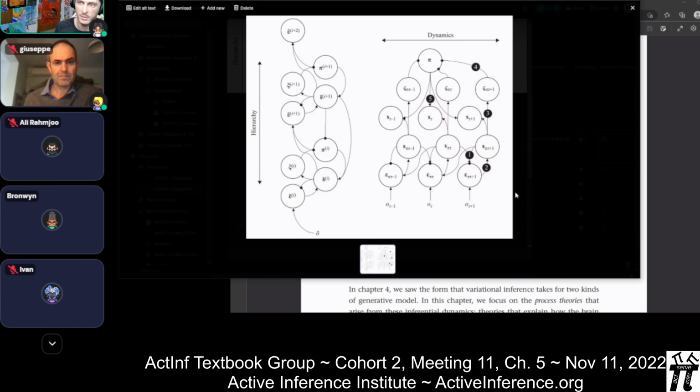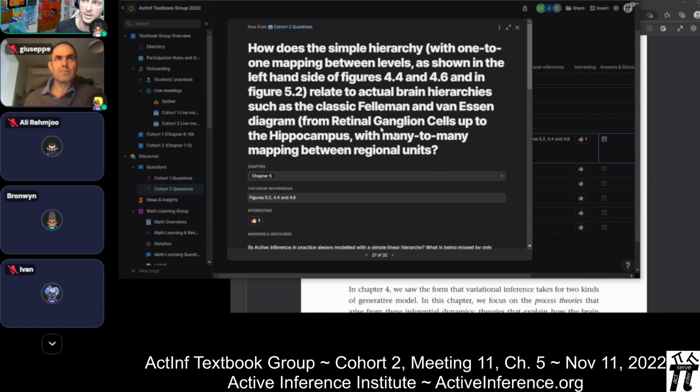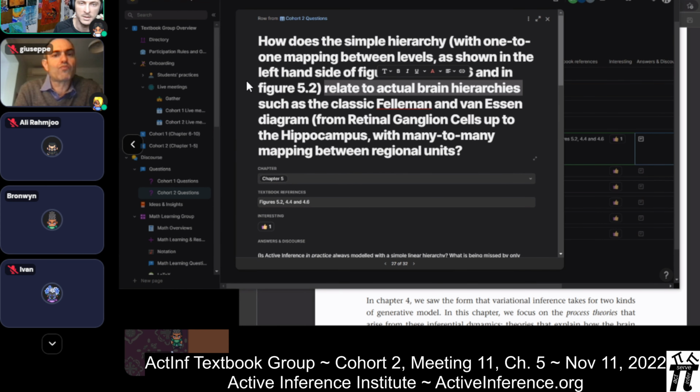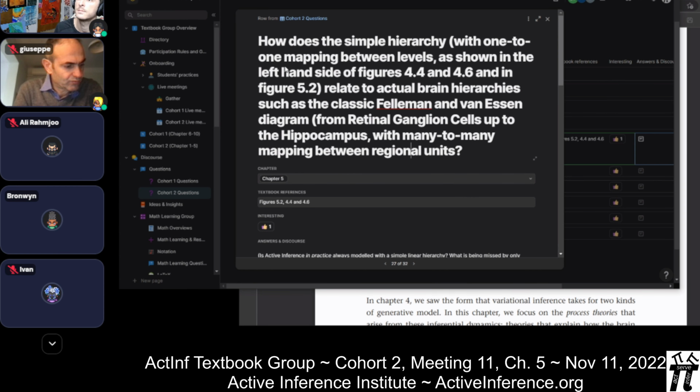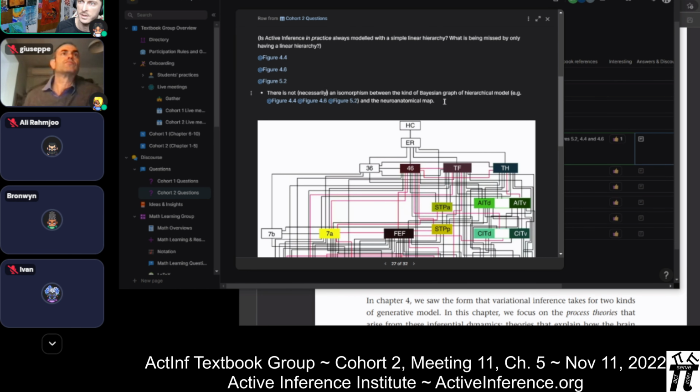There are cases where there are, but that doesn't mean that in general they're the same thing. So how do they relate to, quote, actual brain hierarchies? They relate to each other in the way that Ali just described. Similarly, between an architectural diagram and a functional diagram. Does anyone have any other thoughts on this?